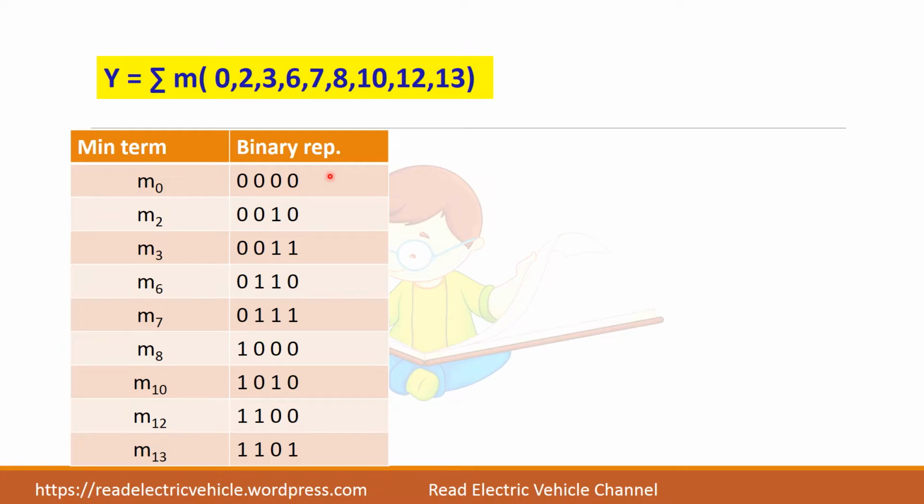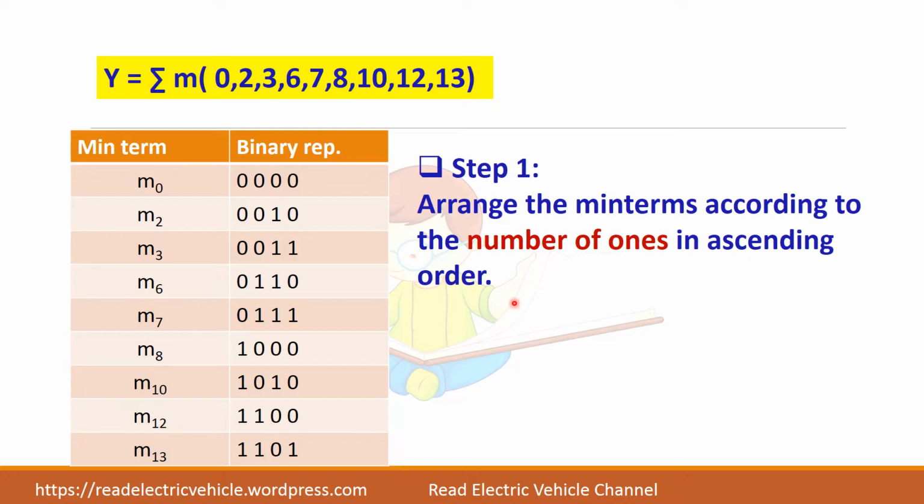Now, the first step is that you have to group the minterms according to the number of ones present in this binary equivalent. For example, you see here M0, all 4 zeros are here. So, this will be the first term. Second, you see here only a single one is present in the binary equivalent. So, that you have to find.